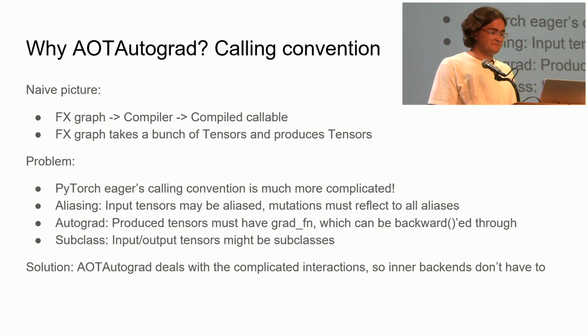And then one other thing I'm not going to get to here is subclasses, another PyTorch 2 feature where you can write a custom way of interpreting PyTorch kernels, like say for quantization or something else.